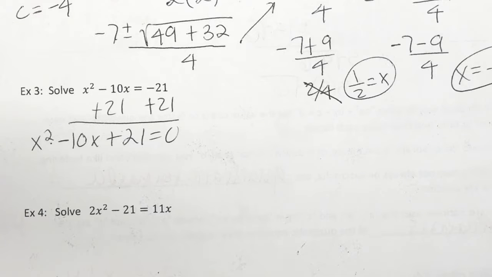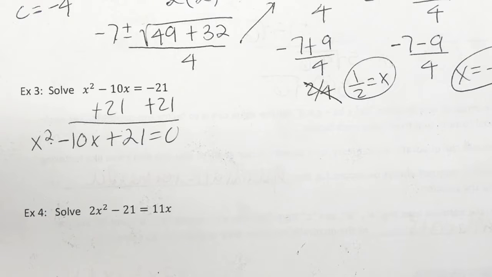Anybody still working on that example 4? Okay, keep going. You just put this number on. It's b squared minus 4ac, right? So right here, it should just be what? What's your a?